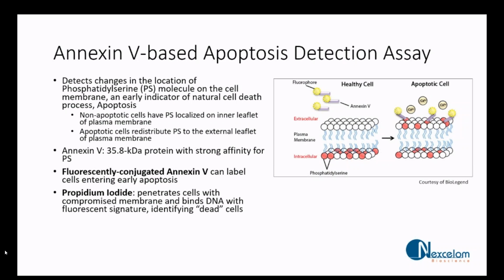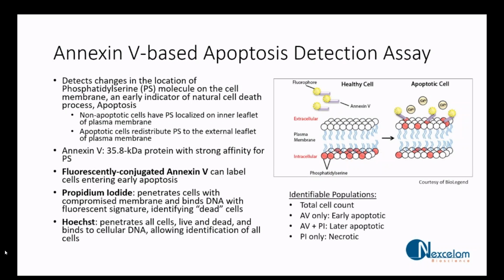When the membrane becomes leaky, that's when propidium iodide, which is the other dye that we'll be using, tends to penetrate through the cells and bind to the DNA. So we'll be able to identify those dead cells as well. And we're going to use Hoechst to identify all the cells. It will bind through the membrane and go to the DNA and bind and tell you which ones are live or dead.